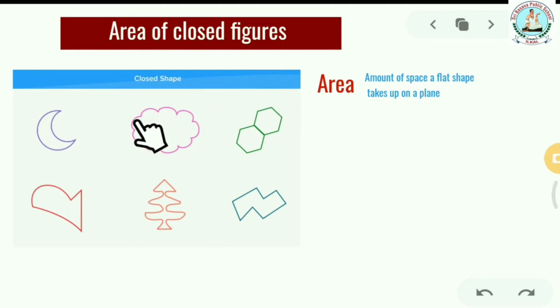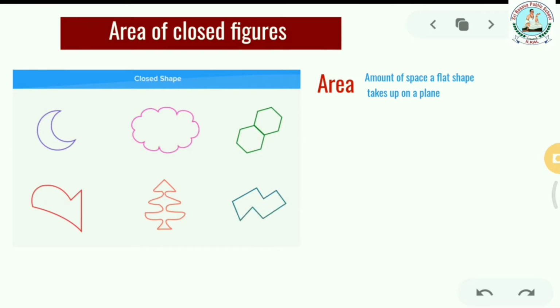So this is again one more flat shape, and when you look at the inside of this flat shape, the amount of space which is occupied, the amount of space taken up by this flat shape, is its area. Similarly, the area of this flat shape is this much and this much.